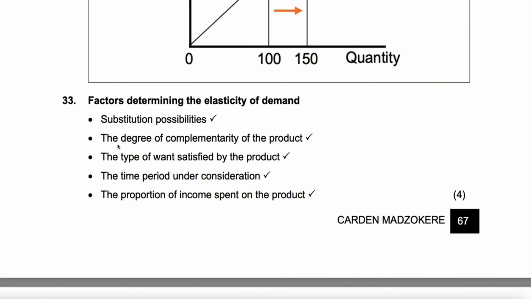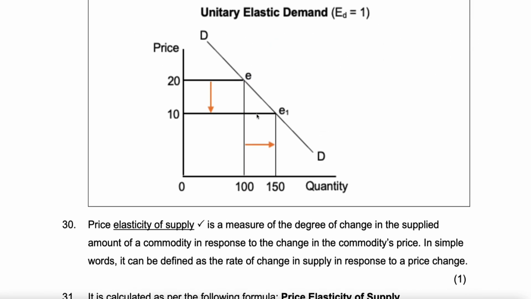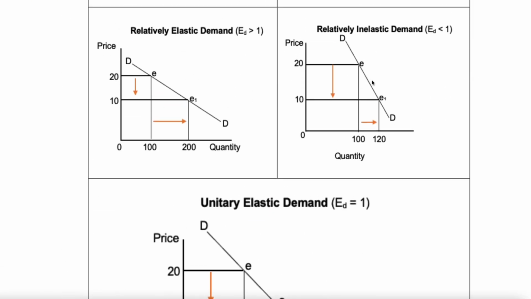Most of the time when we cook, we make use of salt, and we make use of salt a lot. So because it complements, we will buy it regardless. So it will be less elastic. So it will look like this.